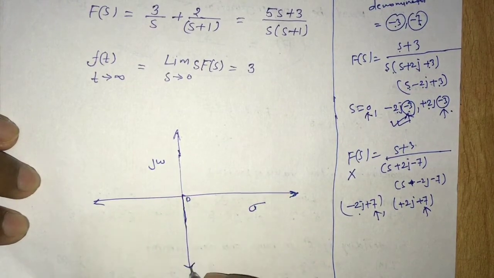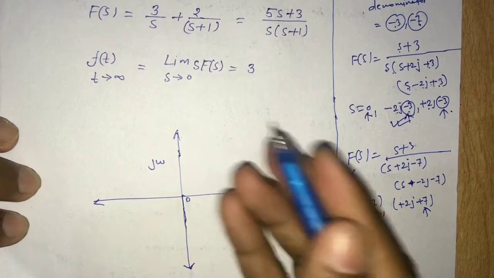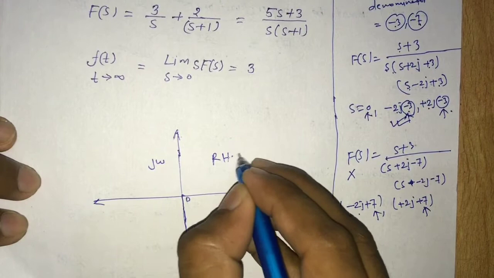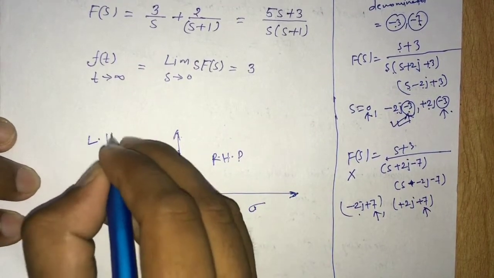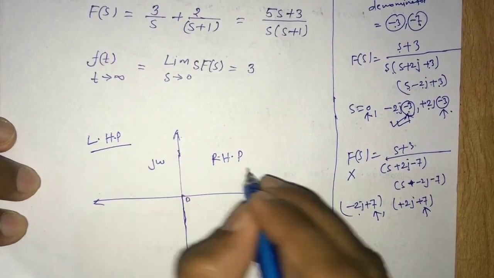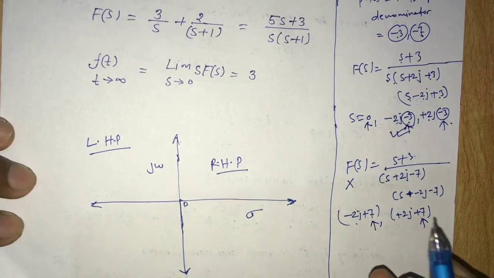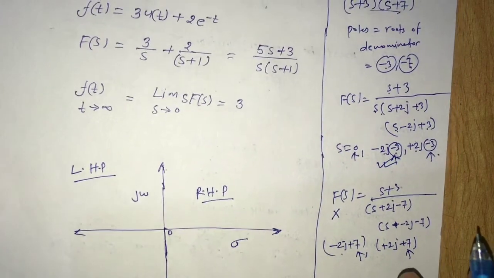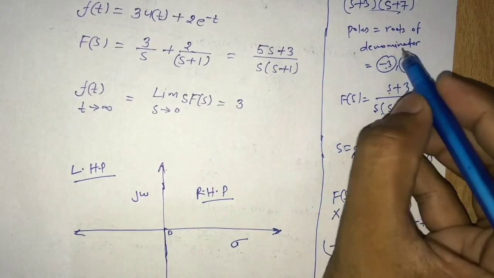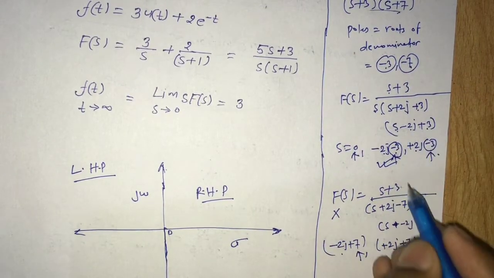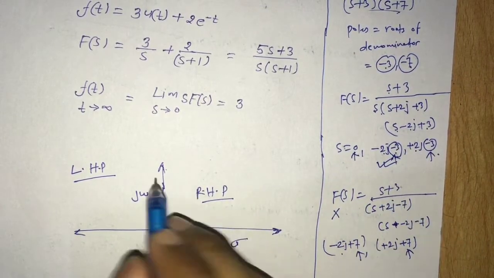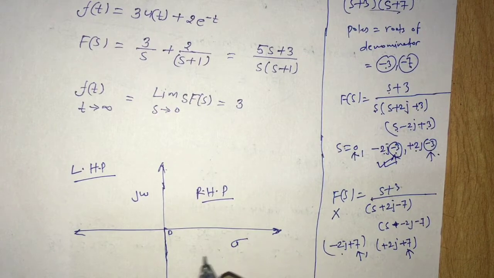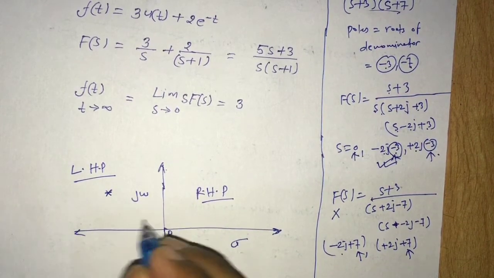If this is the axis of 0, the right hand side is called the right half plane and this is the left half plane. The poles of the denominator of F(s) must not be in the right half of the s plane. The poles must be in the left half plane.